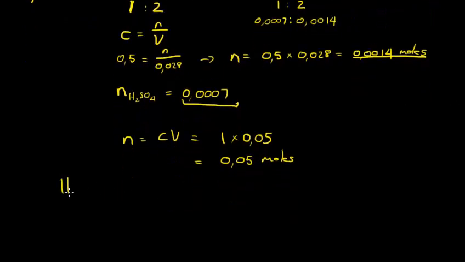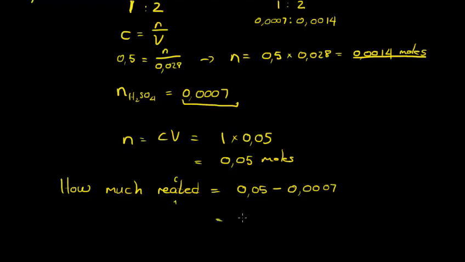And now how many reacted? How will you calculate how much did react? It's what I had minus what's left from what is there. Exactly. So 0,05 minus 0,0007 is 0,0493.